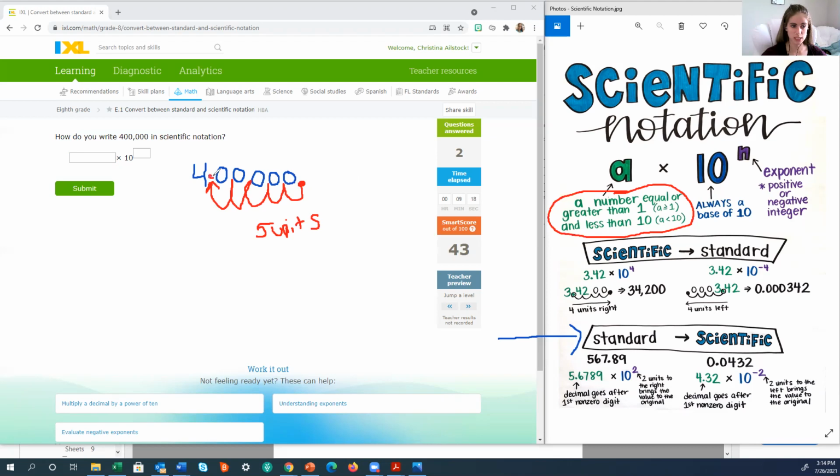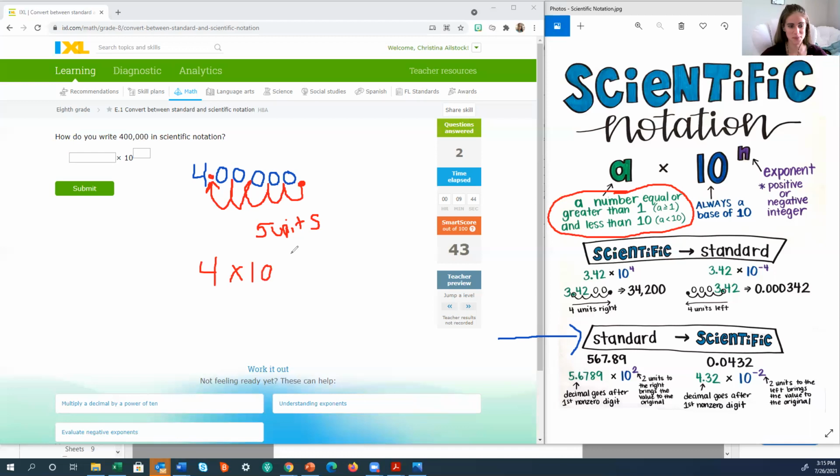And if I put my decimal point right here, what does that number become? Yeah, just simply a 4. Because if everything to the right of that decimal point is all zeros, do we need to write them? No, we don't. 4 times 10, and then that exponent is how many times you move the decimal point. How many times did we move the decimal point?